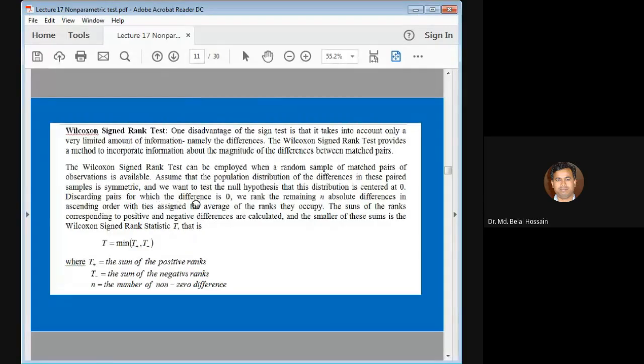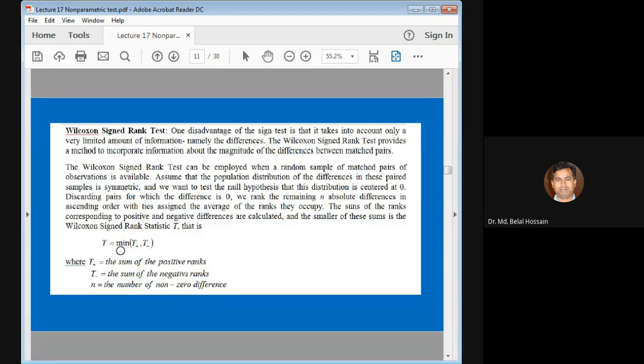Discarding pairs for which the difference is 0, we rank the remaining n absolute differences in ascending order, with ties assigned the average of the ranks they occupy. The sums of the ranks corresponding to positive or negative differences are calculated, and the smaller of these sums is the Wilcoxon sign rank test statistic T. So T is the test statistic.